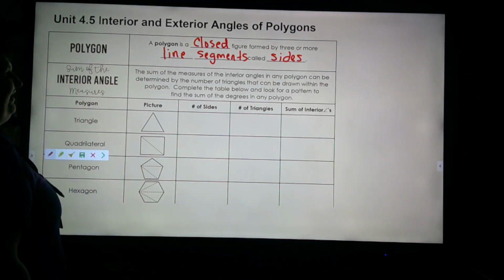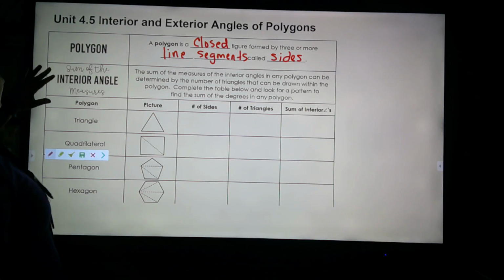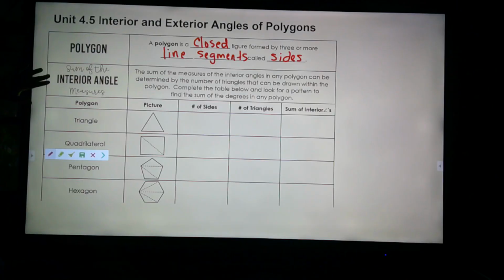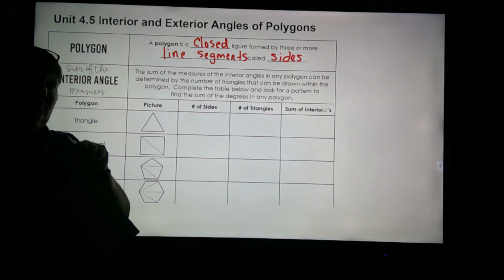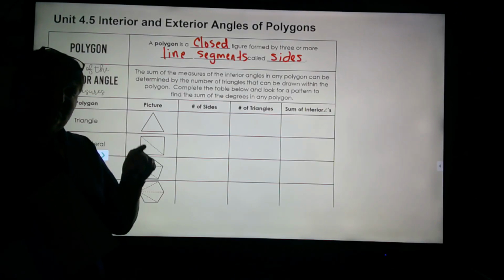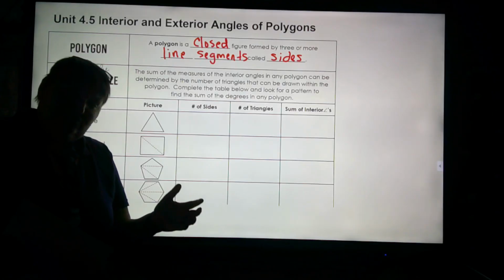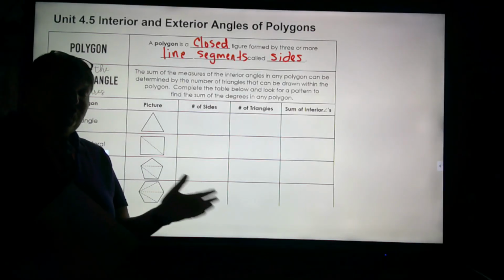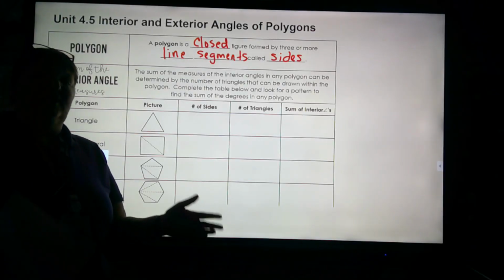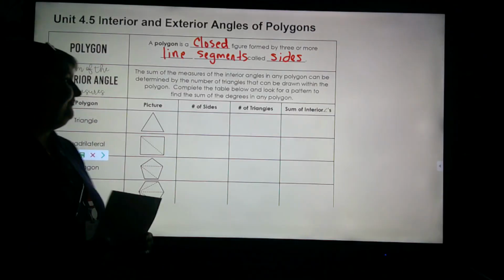They're called sides. All right, so we're looking at the sum of the interior angles. Interior is inside. So there's something important about adding up the angles on the inside. Like on a triangle, when you add up the angles, it has to equal 180 degrees. We can use that information to find missing angles, right?